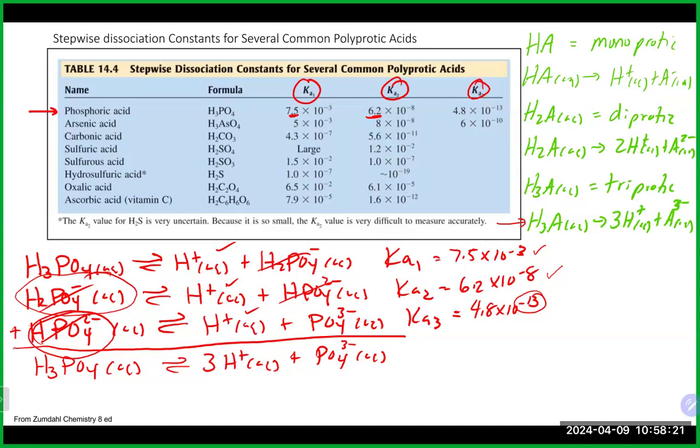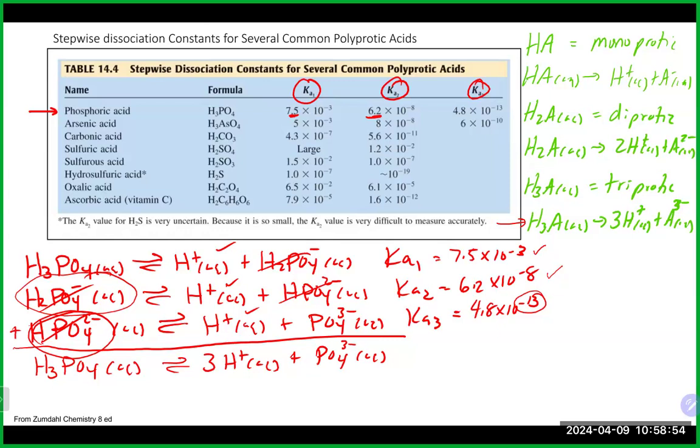That's because you're trying to remove something positively charged like H plus from something that has a negative charge, a -1 charge and a -2 charge in the second case, and that's going to hold it a lot tighter and make it a lot harder to remove. So ultimately, in a polyprotic acid situation, it gets harder and harder to get rid of the extra hydrogens.